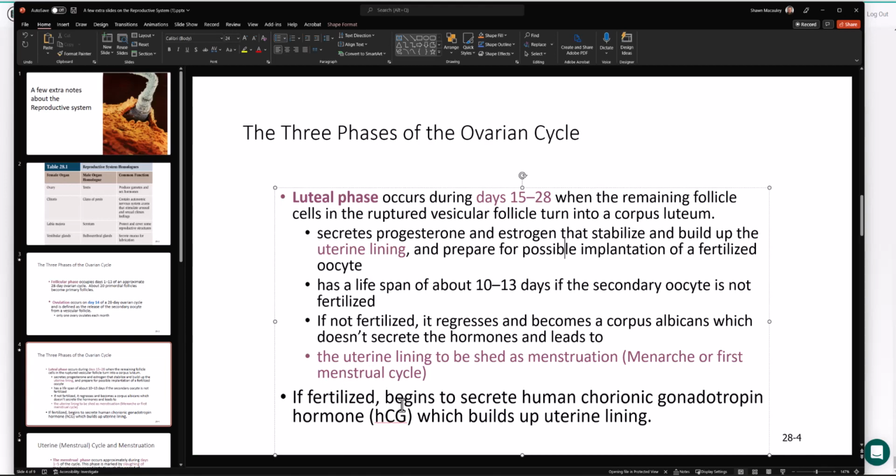Now, if there is a fertilization, if an egg does become fertilized, the zygote and the embryo itself will begin to secrete a hormone called human chorionic gonadotropin hormone. You've probably heard of HCG. People are using HCG for different reasons now. But HCG is a naturally occurring hormone that is released from the early embryo. And this is also the hormone that is the basis of early pregnancy tests.